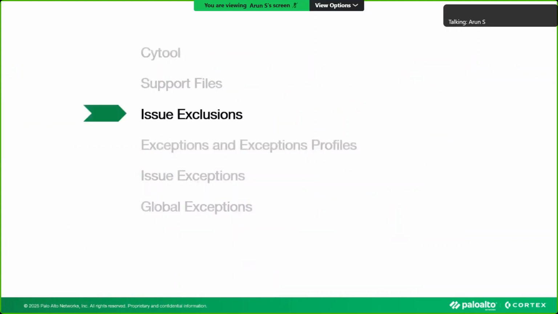Yeah, so that's about support files. Next is about exclusions and exceptions. Now first let me give a basic idea about what exclusions are. When you go for exclusions, you are saying protection should be there.